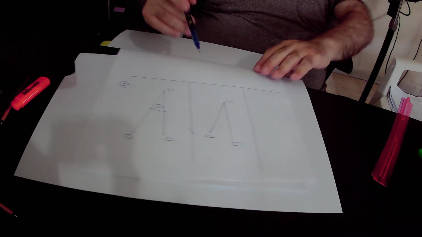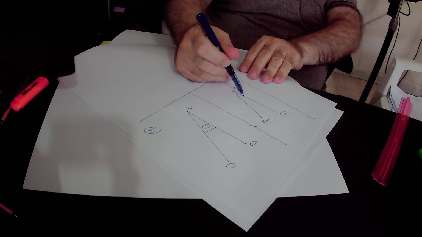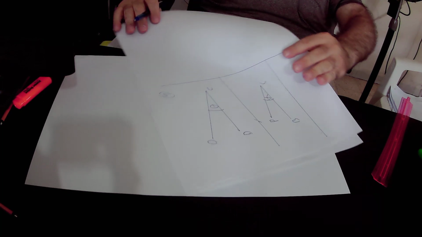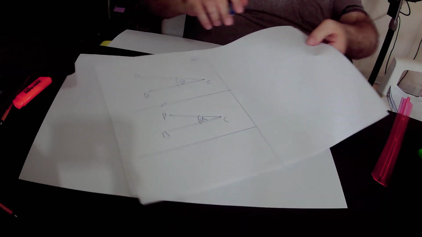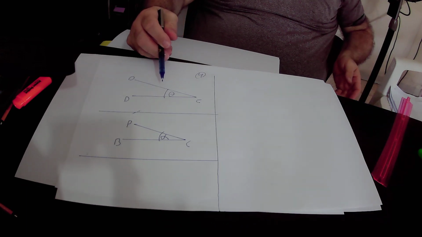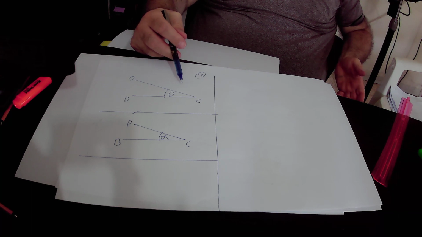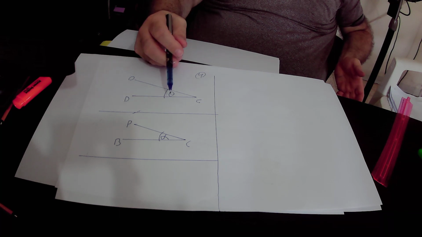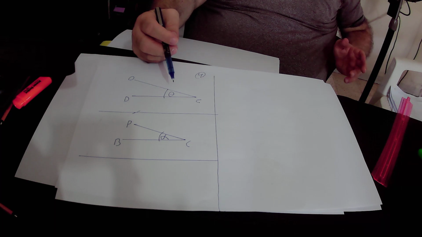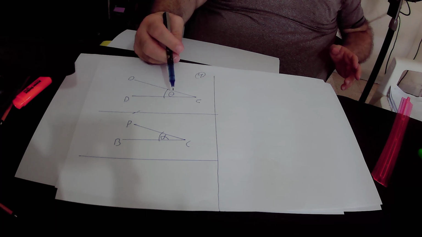It makes sense, because if one leg is located on the same straight line, then the other leg must also be located on the same straight line in order for the two angles to be equal to each other. Otherwise, the two angles will not be equal.